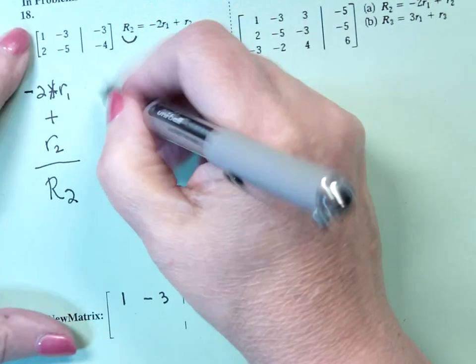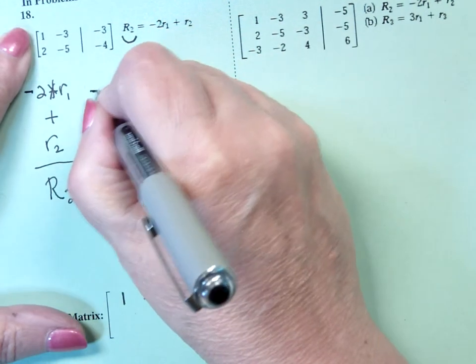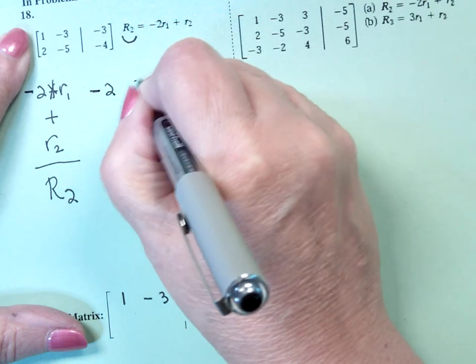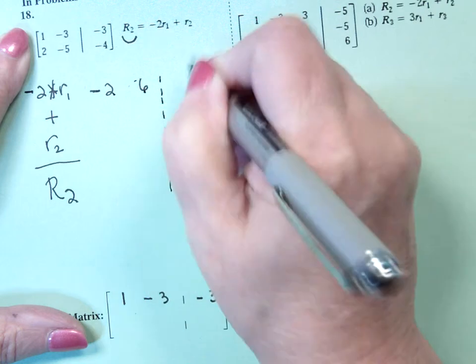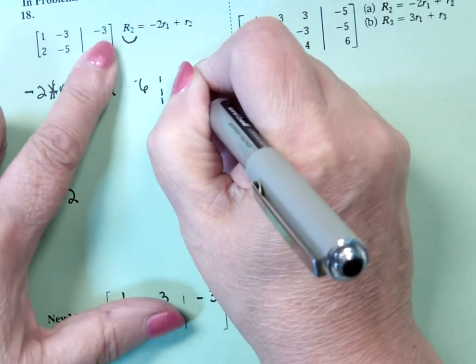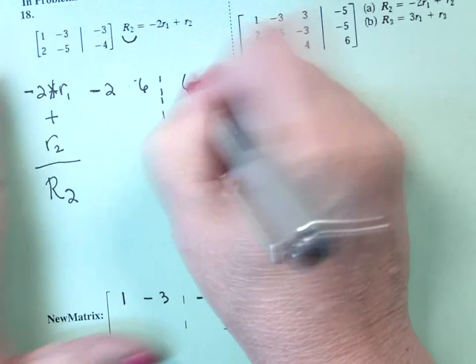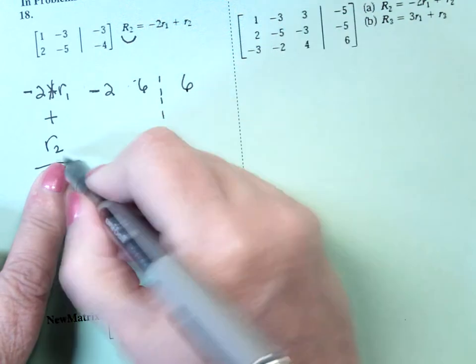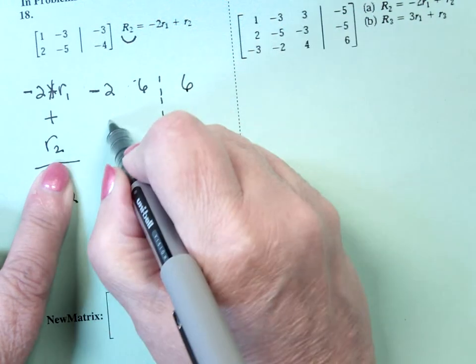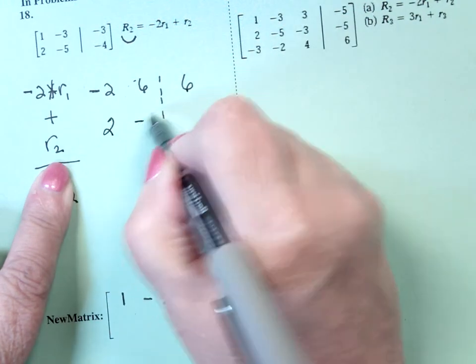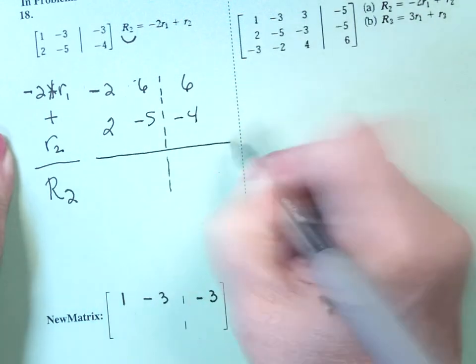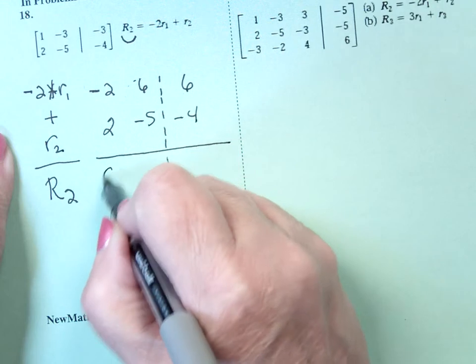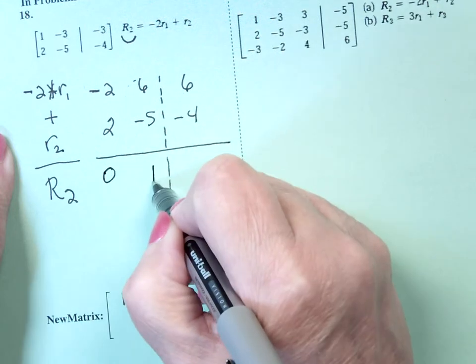Negative 2 times row 1 is going to give me a negative 2, a positive 6, and a negative 2 times negative 3 is positive 6. Add it to the old row 2, which is 2, negative 5, negative 4. My new row 2 is going to be 0, 1, 2.